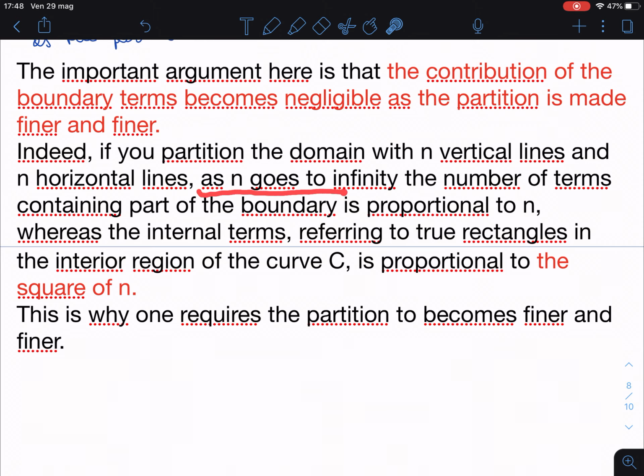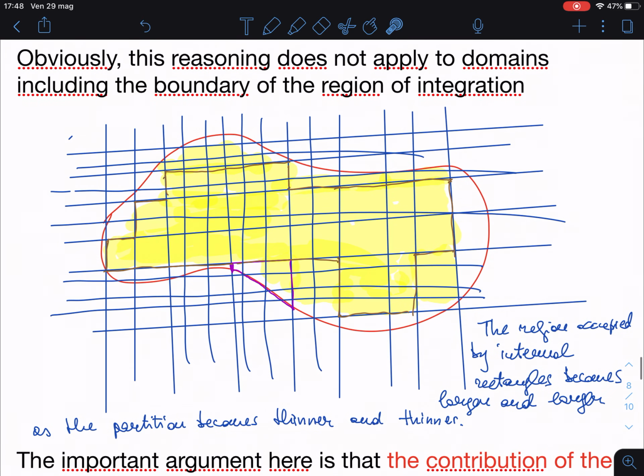As n goes to infinity, which means as the partition becomes finer and finer, the number of terms containing an element of the boundary becomes proportional to n. This is a bit more delicate, but in some sense, the perimeter of this region becomes proportional to the number of lines.